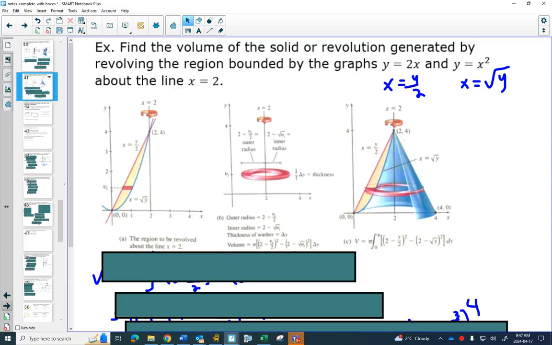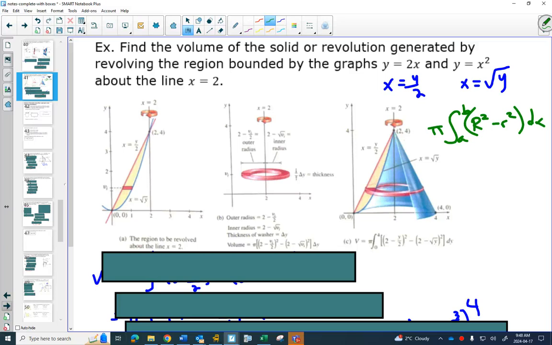Yeah. I mean, one of the things with the washer method, you're always taking your big radius minus your small radius.